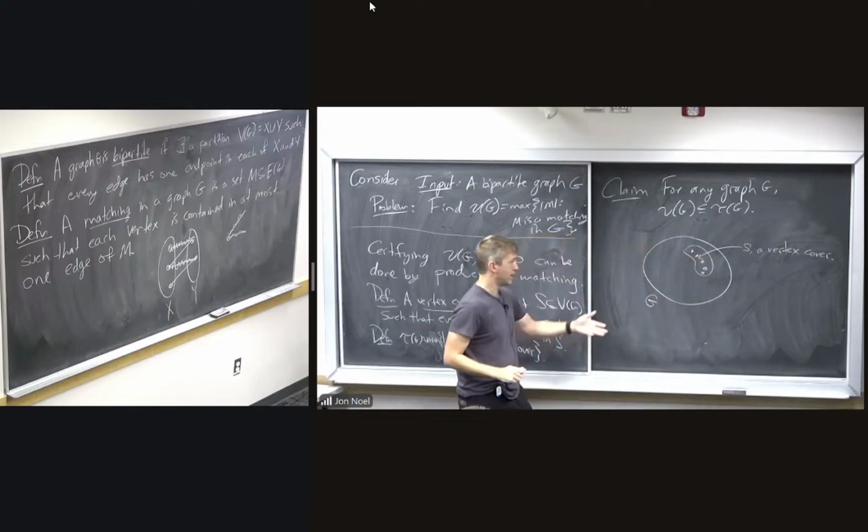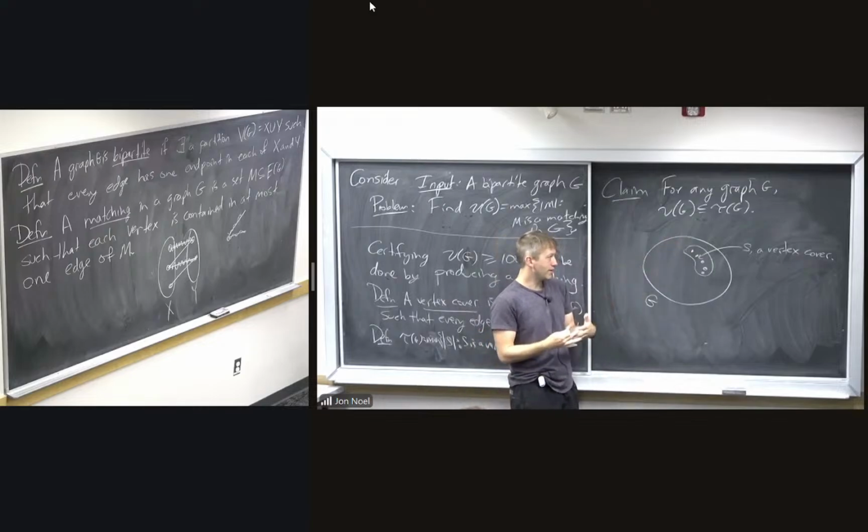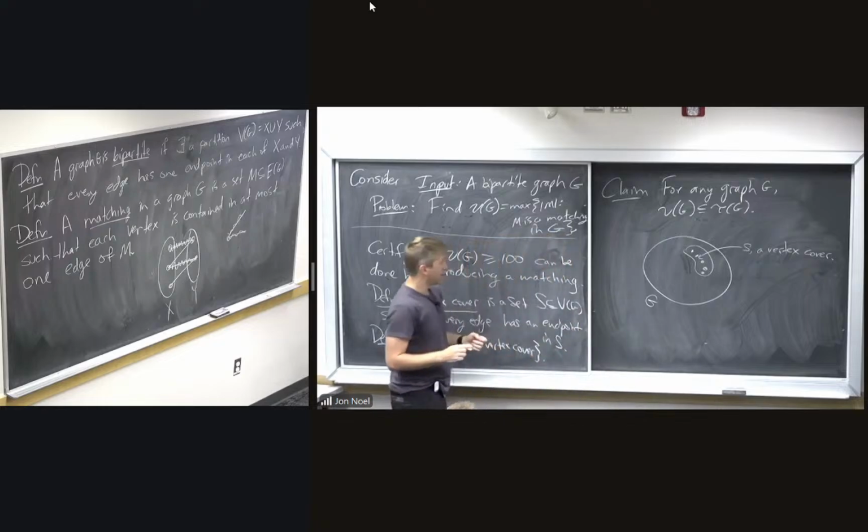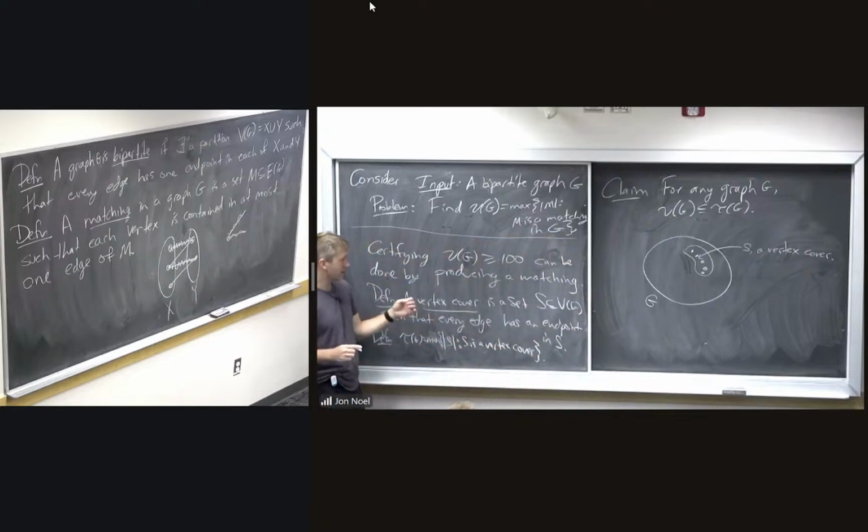I might as well take the minimum one, but this is going to work for any vertex cover. Could I have a matching of size 6? Remember what a vertex cover means. Every edge in the whole graph has an endpoint in S.